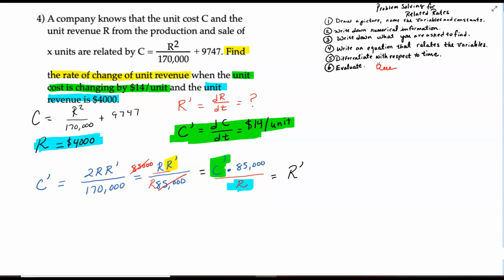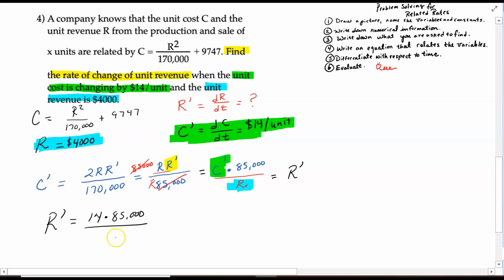So now that I've got all of that information, I can find r prime by plugging in the known quantities. And that is to say that 14 gets multiplied by 85,000. And then you divide that by r, which is 4,000. You plug that in the calculator, and you're going to get something like $297.50.